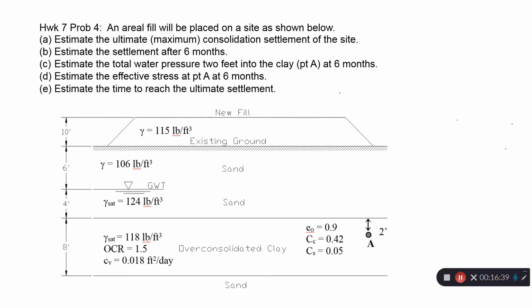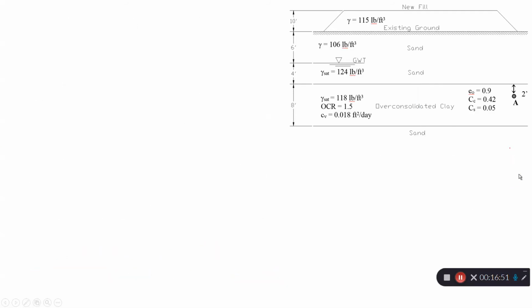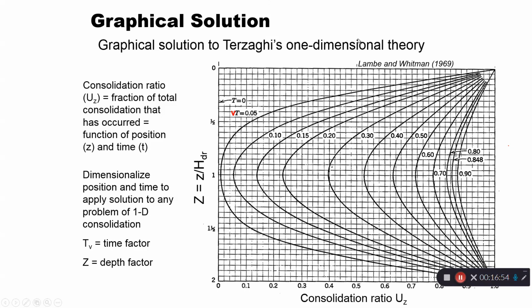Anything related to pore water pressure, we want to look at the U_Z chart, because consolidation ratio is a function of excess pore water pressure. If we enter T_V and enter Z, we should be able to get the consolidation ratio, and then we can calculate the excess pore water pressure from there.